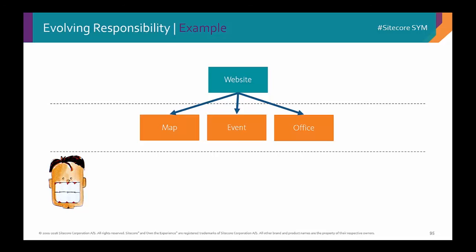So you have, let's call it just a map view, you have the event details view, and you have the office details view, and then you put everything together on the different page types, or you let the editors handle that. But picking this solution also means that you can't make specific changes to the map shown on the event page and so on. So which solution should you pick in this case?